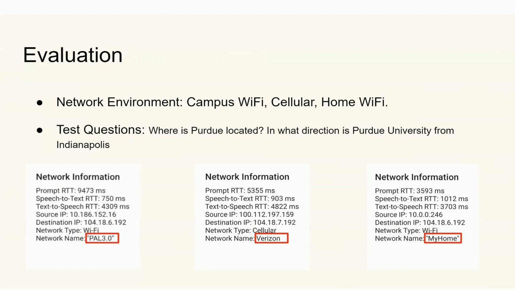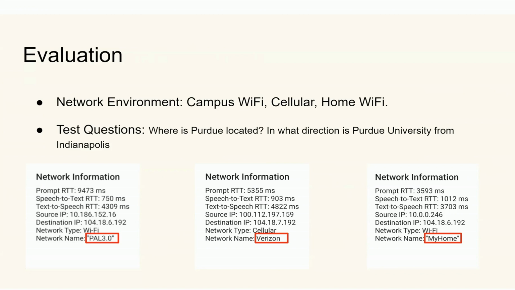We do the server load field tests with different network environments, including the campus Wi-Fi, cellular, and home Wi-Fi. We test these environments with some simple questions, including where is Purdue located, and in what direction is Purdue University from Indianapolis.